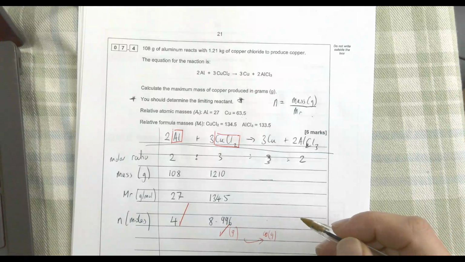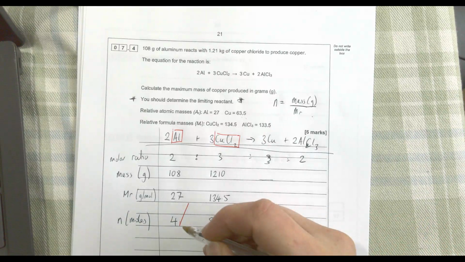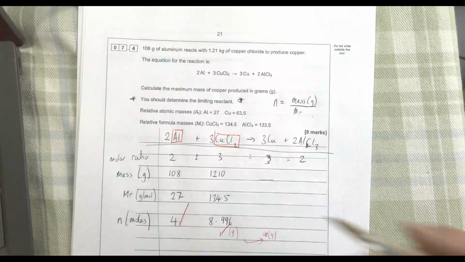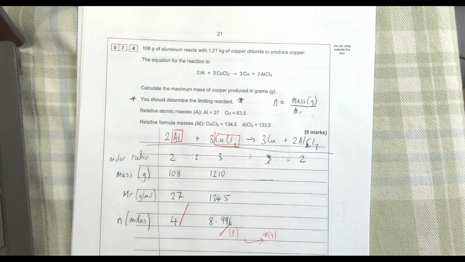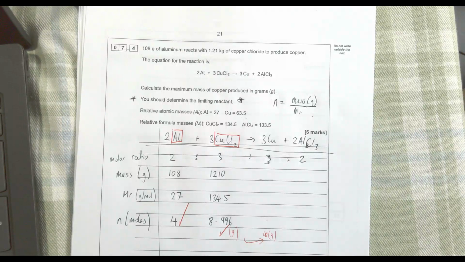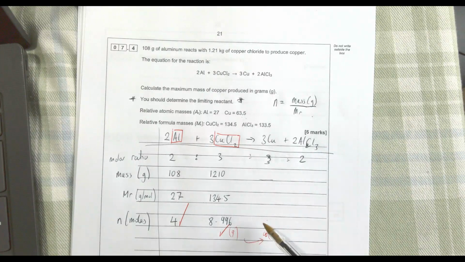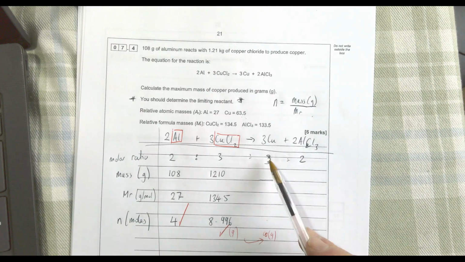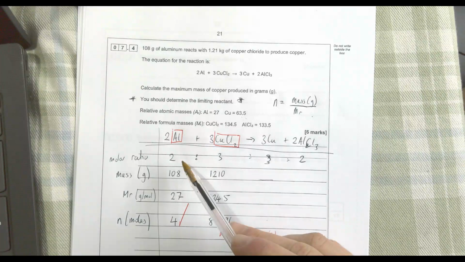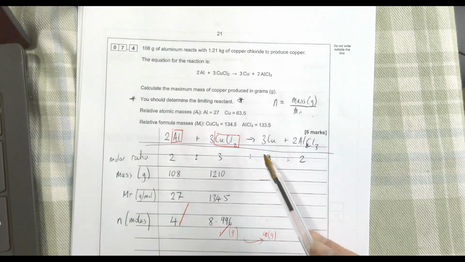of copper. But if you had 4 moles of aluminium, let's plug in my computer. If you have 4 moles of aluminium, it's a 2:3 ratio, or a 4:6 ratio if you like.